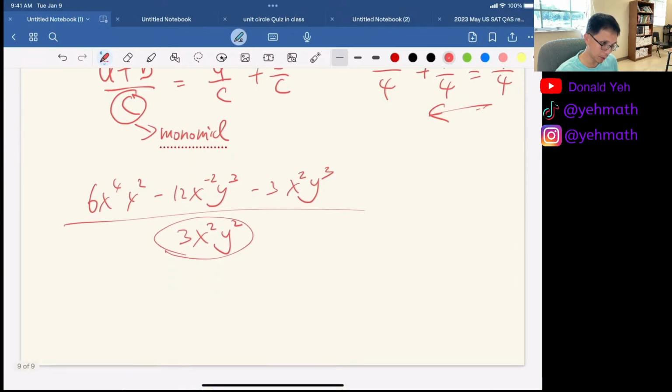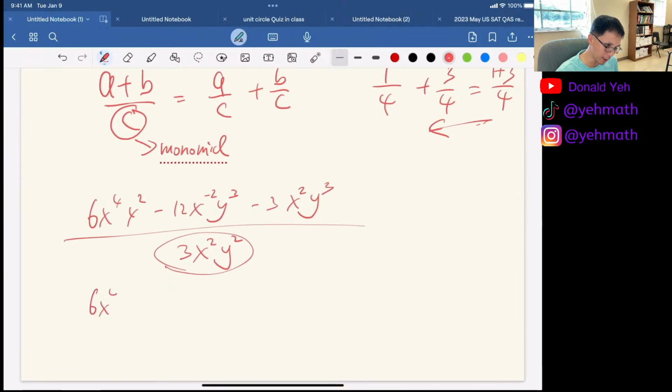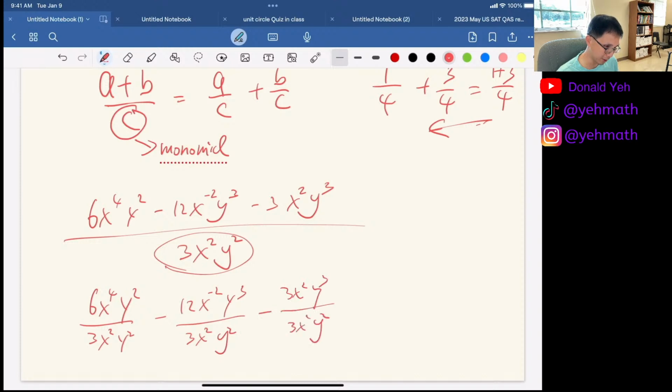Split it individually. When you divide it, that gives you 6x^4 y^2 over 3x^2 y^2, minus 12x^-2 y^3 over 3x^2 y^2, minus 3x^2 y^3 over 3x^2 y^2. You're going to say that's a lot of writing, but check out your next step. It's just the quotient rule.